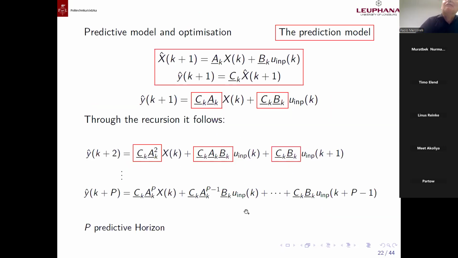Where does this element come from? Basically, excuse me, where does this element come from? It comes from the product between C and this element here. Excuse me. Let me see. This comes from here.